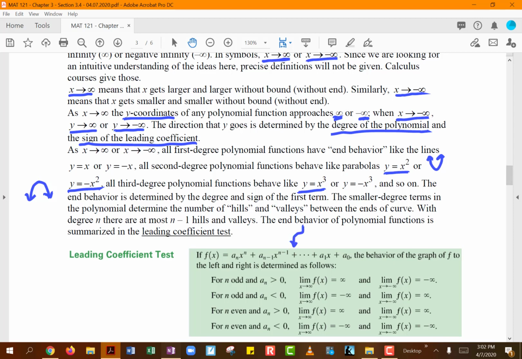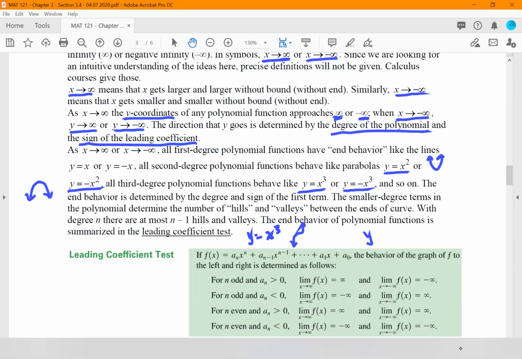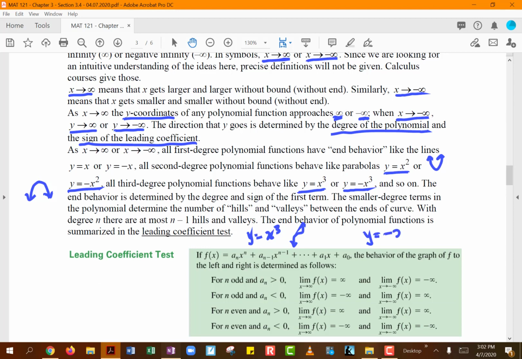It's going to look something like this. For y equals negative x to the third, of course we're talking about a reflection, right? So that shape will become like this.